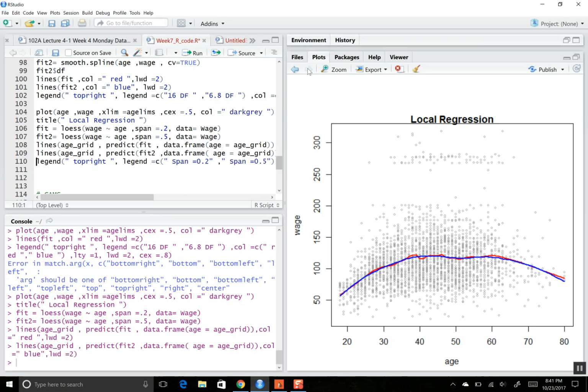Now, which one's the best? It's hard to say. There's not really a clear explanation that says loess is more advantageous than a smoothing spline, which is better or not better than a basis spline or something like that.